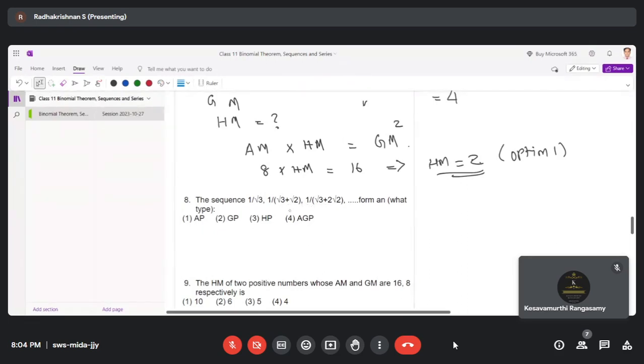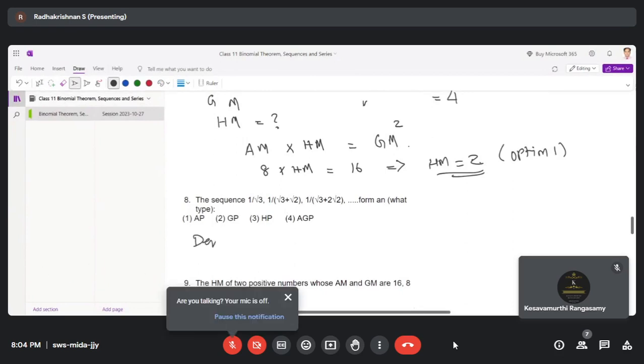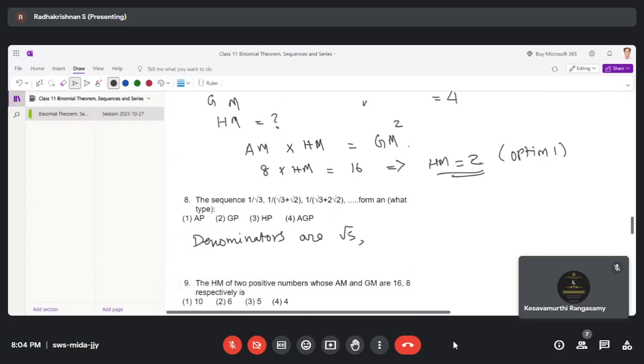So it is a HP because the denominators, if you write, we see that this is an AP because this is your A and root 2 is your D. So this is A plus D, A plus 2D and so on.